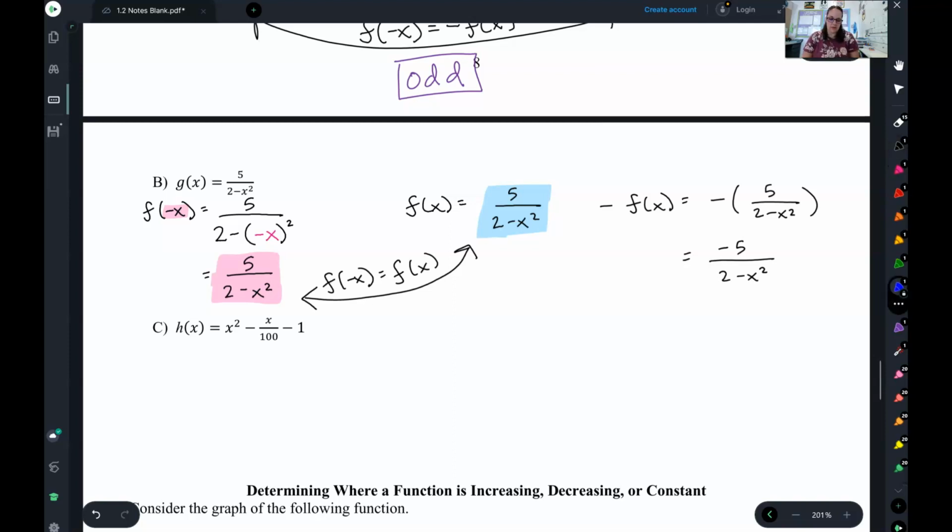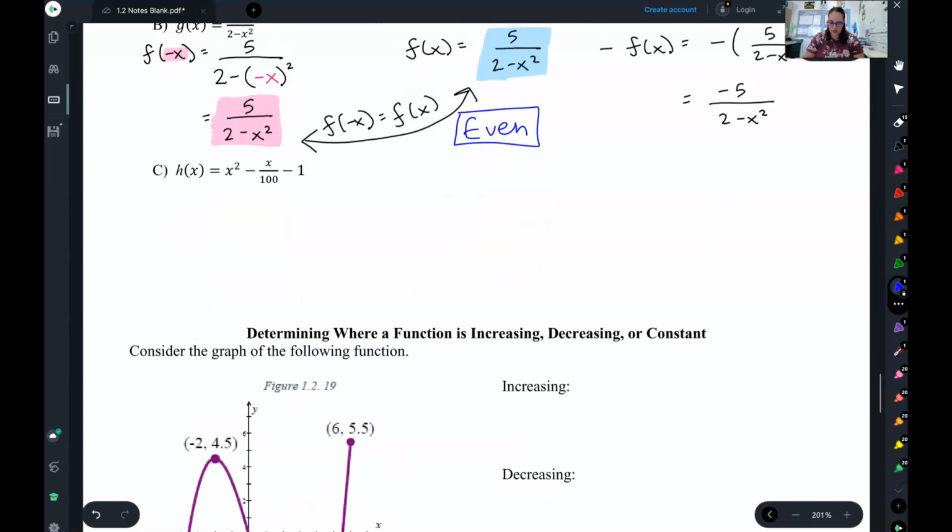And that is our very definition of even. There we go. Okay, last one, C. I want you to try this one all by yourself. Find all three things, get an answer. So pause the video, do all that, and then come back to see if you did it right.